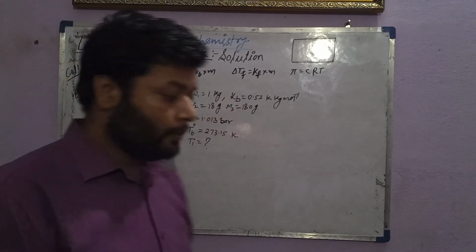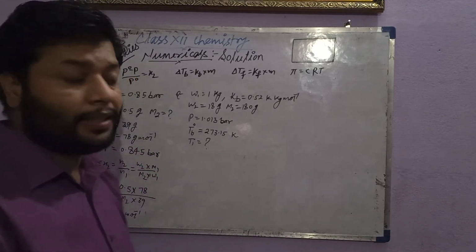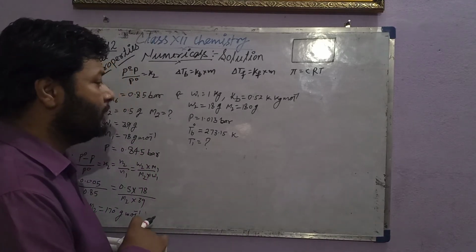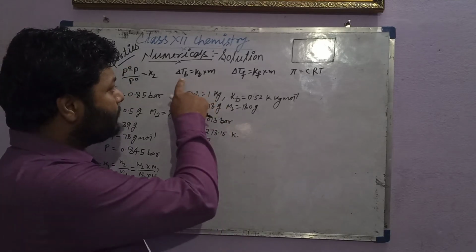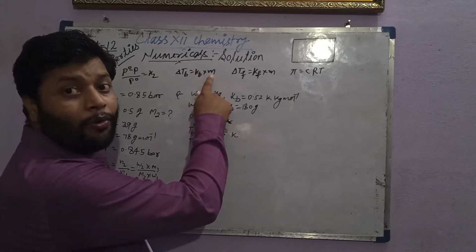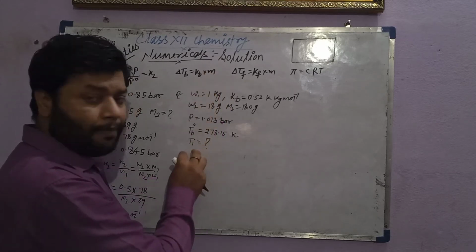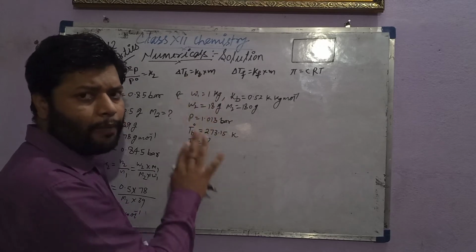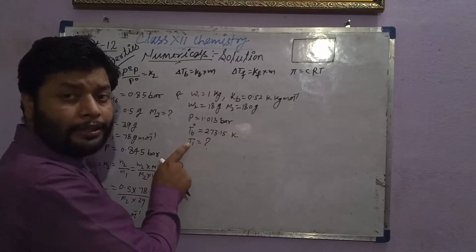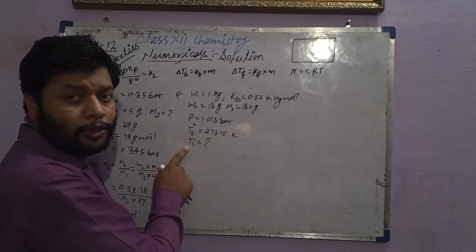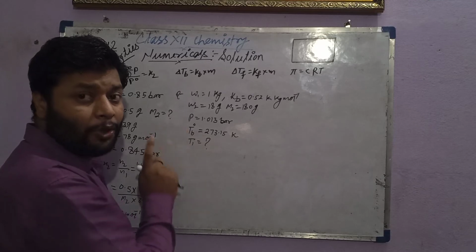This question depends upon the elevation of boiling point. You can see, students, that they have given different masses. For the elevation of boiling point, we require the molality. You can calculate it separately or in the same formula. Don't worry. Delta T is the elevation of boiling point. So delta T will be the higher temperature minus the lower temperature.